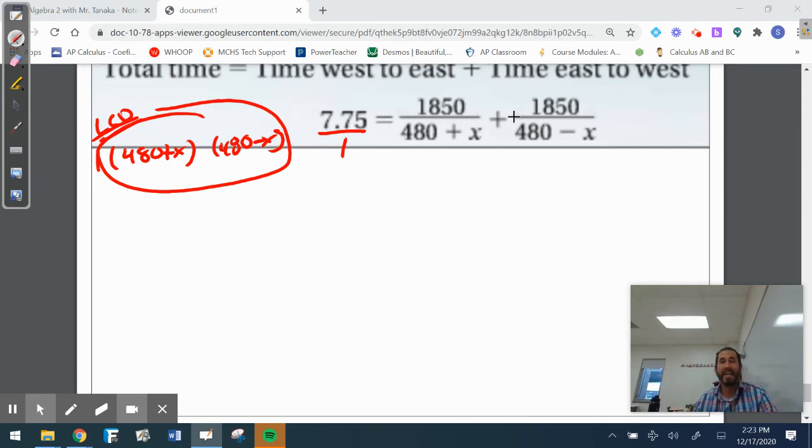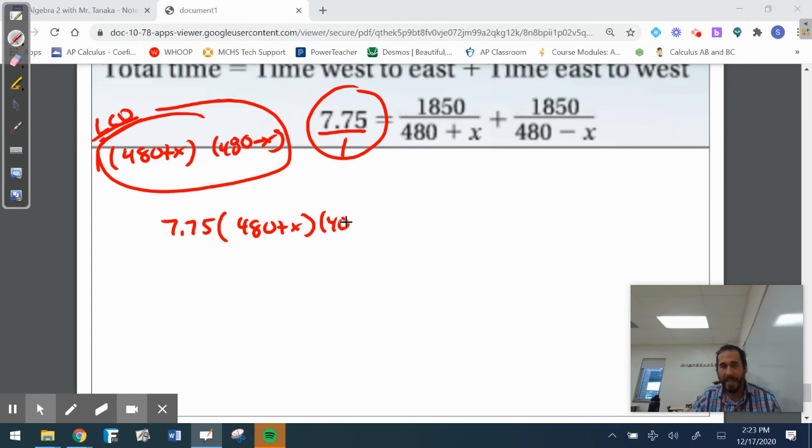And remember, in these rational equations, we multiply both sides by your LCD. And if I do that, you're going to get 7.75 times 480 plus x, 480 minus x, because nothing cancels out. But if I multiply this by it, the 480 plus x's cancel out, and you're left with this, right?